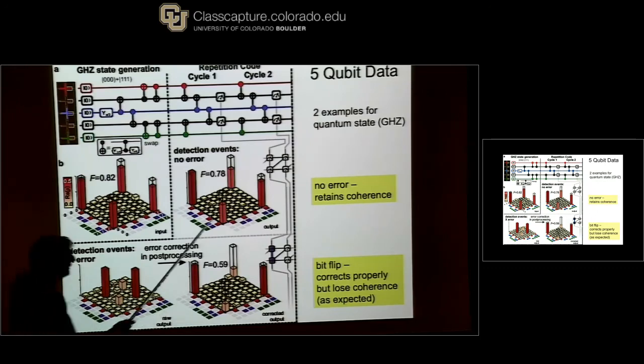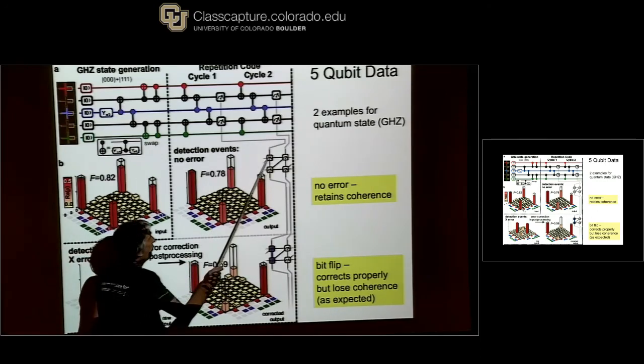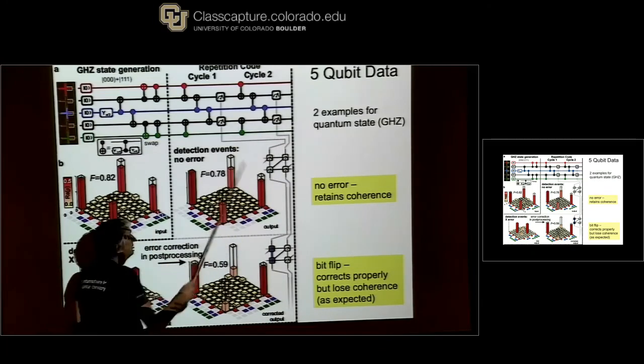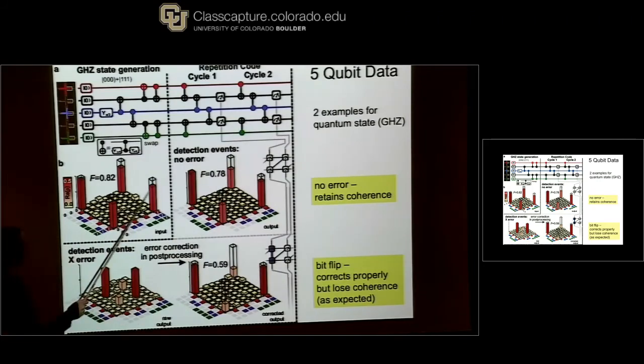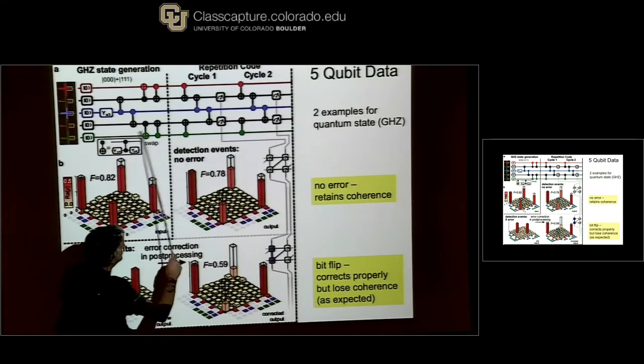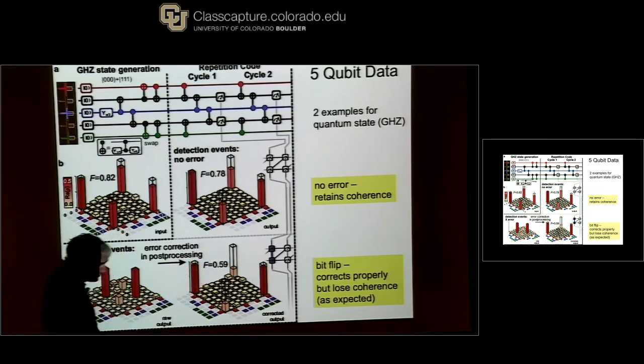For the subset of events where there were no bit flip errors, we measure right here that we get a GHZ state similar to this, a little bit less fidelity because it's taken some time, but not too much less fidelity. And it shows that with the error correction, when there are no errors, you're still getting this complex quantum state.